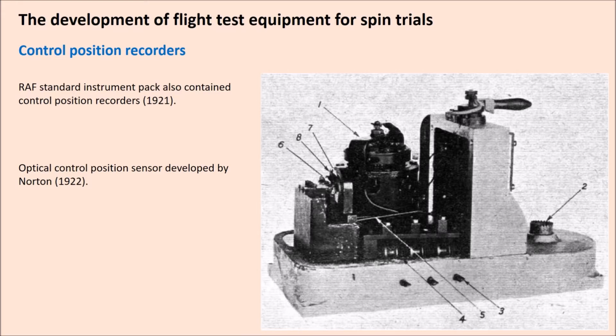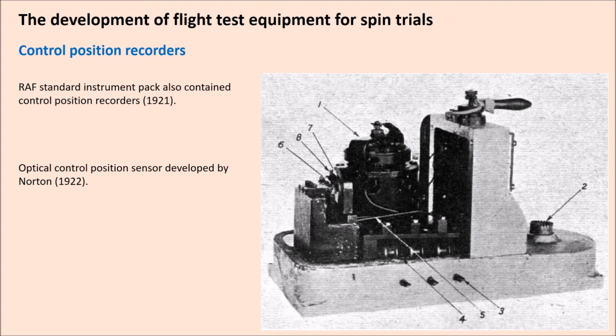So next we're going to discuss control position recorders. What is the pilot doing with the stick in the cockpit, and how can that be correlated to all of the other data that we're trying to collect? Well, the first control position recorder was developed by the RAF, which was also part of this standard instrument pack that they were developing in the early 20s, as we've just discussed with the accelerometers.